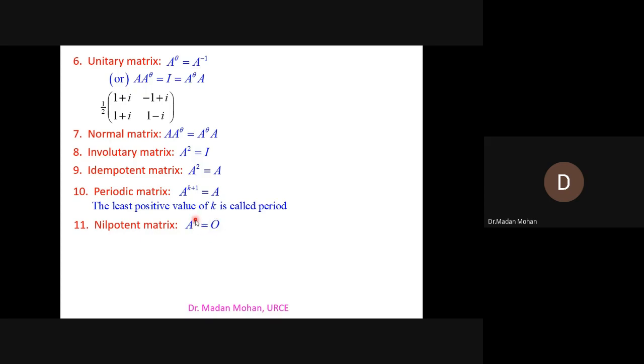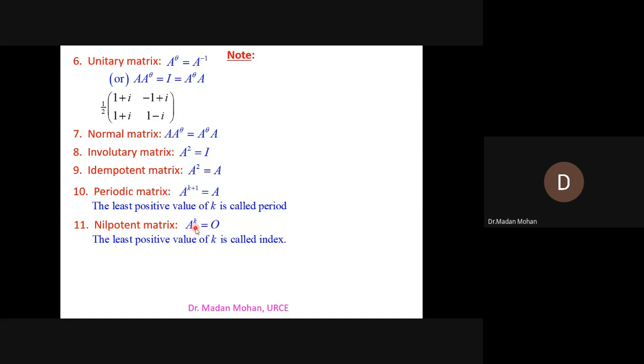The least positive value of k is called the index of the nilpotent matrix. I think many of you may not know these: normal matrix, involutory matrix, idempotent matrix, periodic matrix, nilpotent matrix. You should know the words which we use.